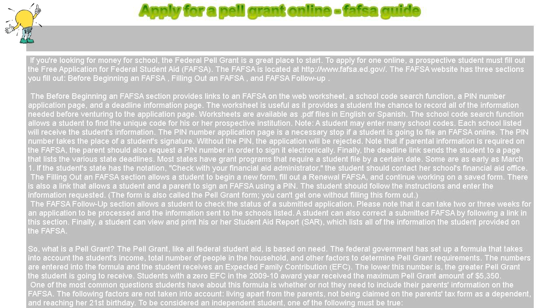The Before Beginning a FAFSA section provides links to a FAFSA on the Web worksheet, a school code search function, a PIN number application page, and a deadline information page. The worksheet is useful as it provides a student the chance to record all of the information needed before venturing to the application page.